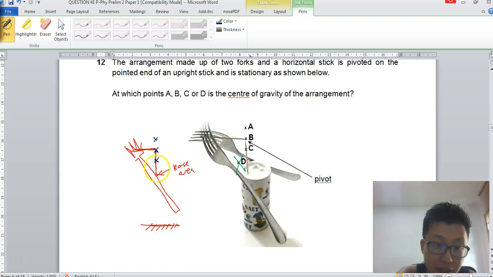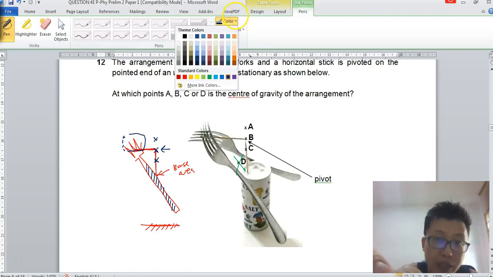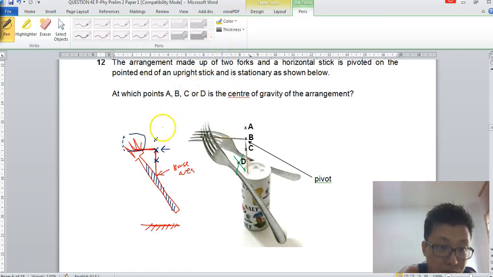And you can see that most of the mass of the fork is towards the bottom. So you know that the CG would not shift up because there is very little mass above this toothpick, right? So you know that A cannot be the answer, right?